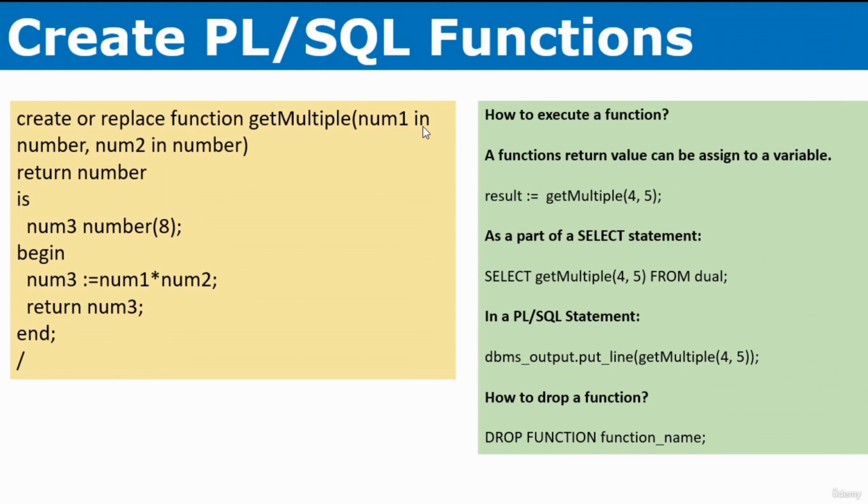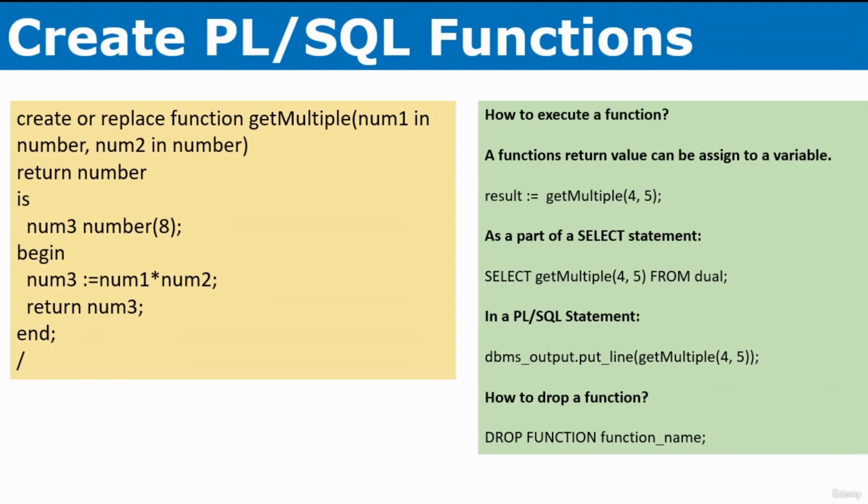Notice when the function was defined, we have two parameters, num1 and num2. So they are just placeholders. So here now we are giving it value. So in the result, getMultiple, we're passing in a value for the first parameter, which is num1. We gave it 4, and the second parameter, which is num2, I've given it a value of 5.